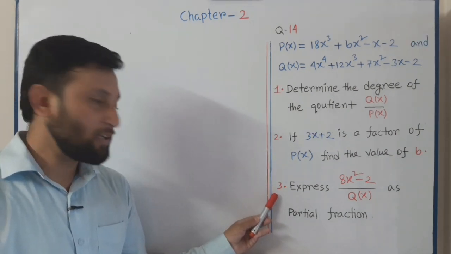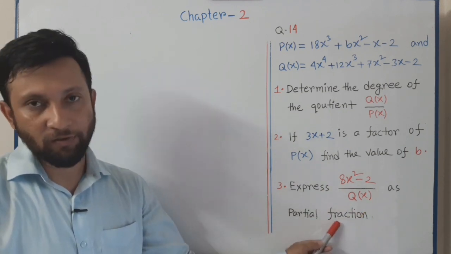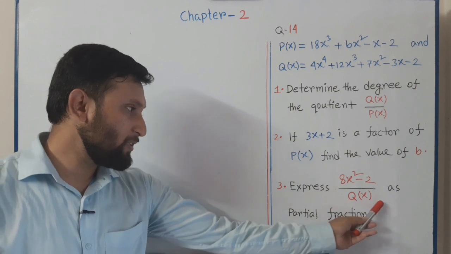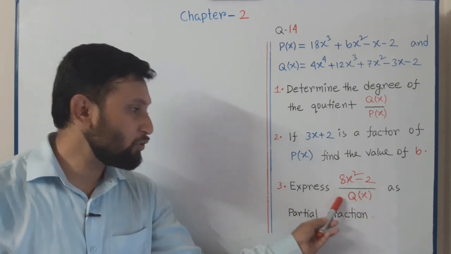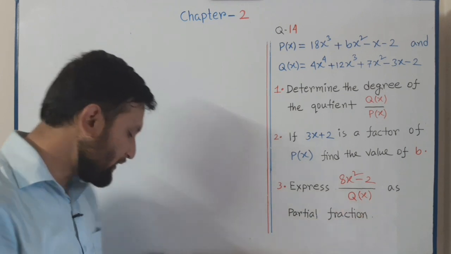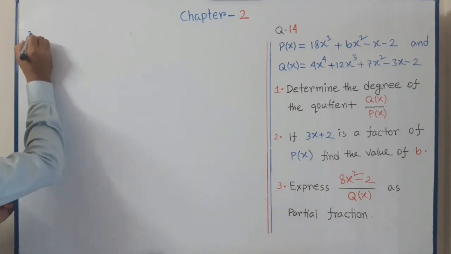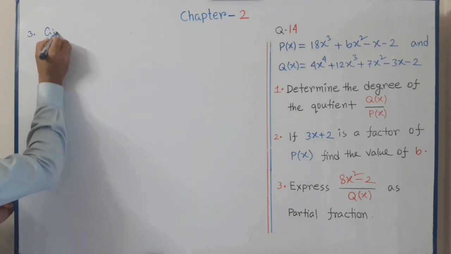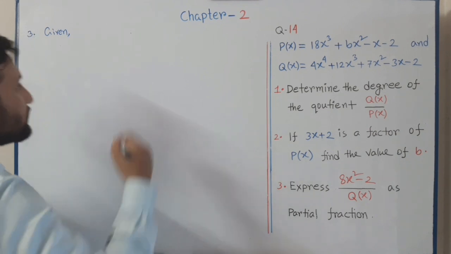Now third question. The question is: express this fraction as a partial fraction. Okay. So to express this fraction as a partial fraction, firstly we have to factorize this polynomial q of x. So at first write down the given polynomial q of x.